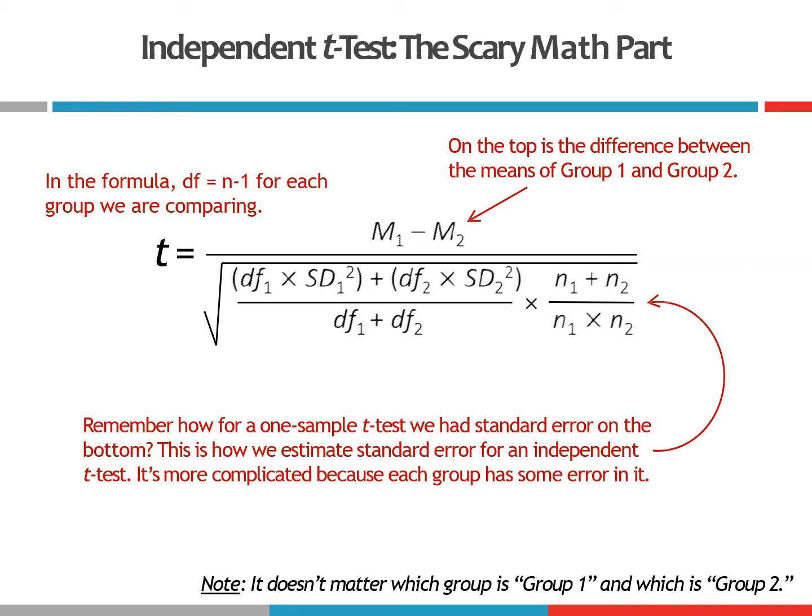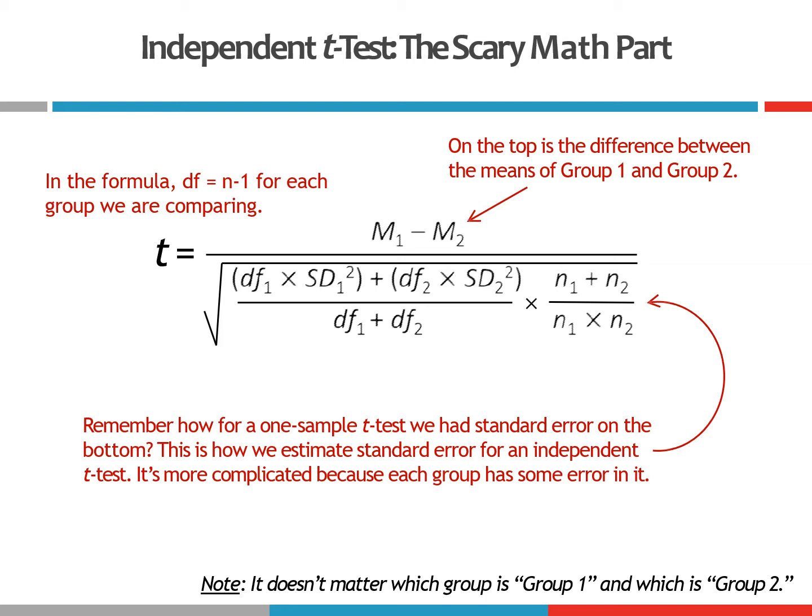Okay, so M1 minus M2 represents the difference in the sample means between our two groups. Okay, so now let's talk about what's happening in the bottom of our equation, or our fraction.